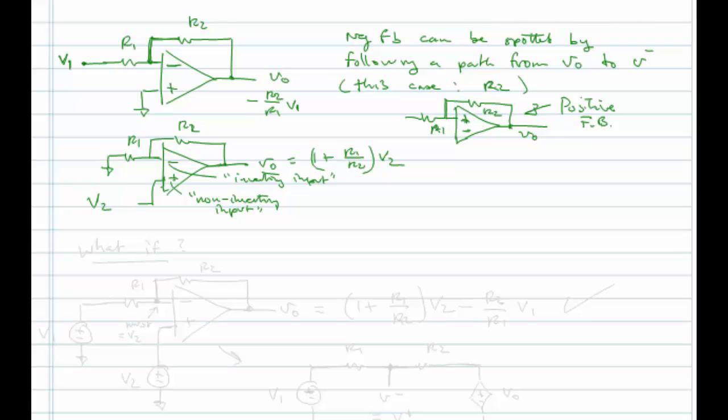Now, what if we had both inputs applied at the same time? I'll redraw this. R2, R1. We have our input V1. And now we have this input V2.